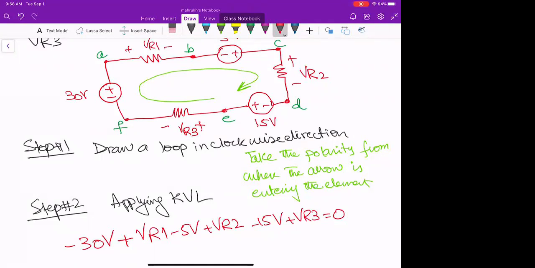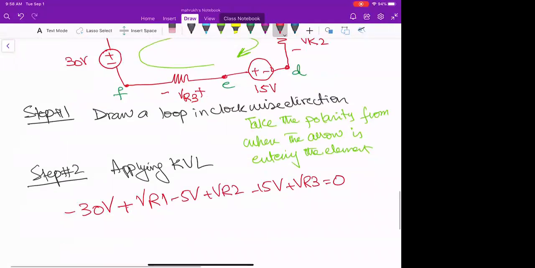Okay, sounds good? So I'm just writing the equation. I have to rearrange this equation, right? This equation gives me the basis to solve the question. Right now I'm not saying what is supplying or what is absorbing. I'm just writing the equation. So let's see.